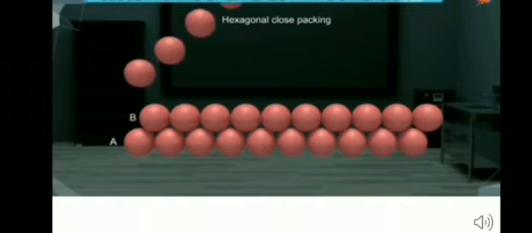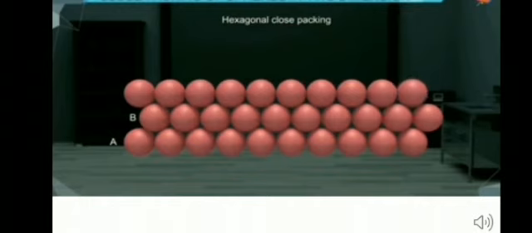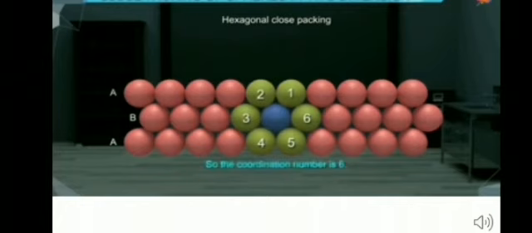Now, if we place the third row above the second row, we can see that the third row is in alignment with the first row and each sphere is in contact with the 6 spheres. So, the coordination number is 6.